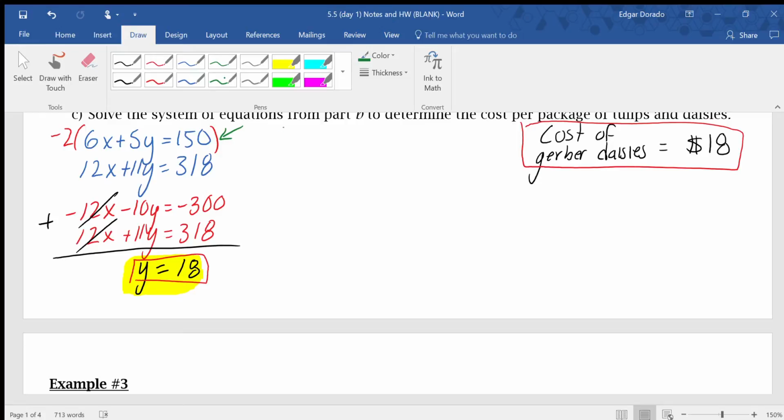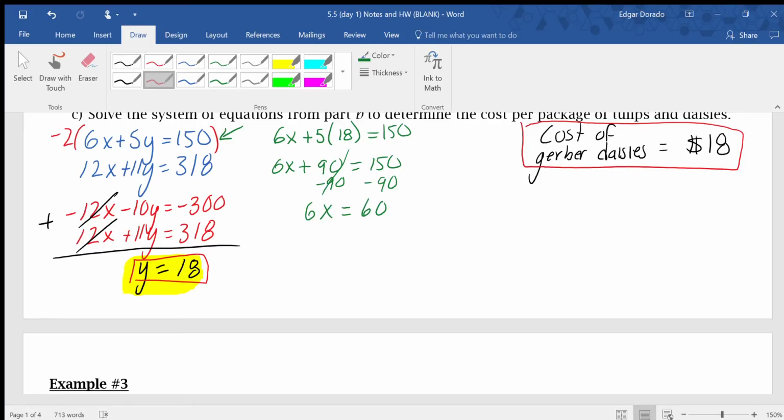I'm going to do 6 times x plus 5 times 18 equals 150. Again, it doesn't matter which one you use, but I'd like to use the top. So this will be 6x plus 90 equals 150. Let's get rid of that 90. So we get 6x equals 60.